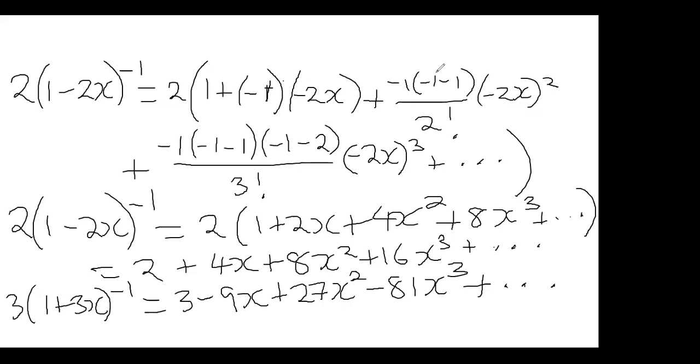So when we combine these, we will have 2 plus 3, which will give us 5. Then the x's, that will be minus 5x. We are collecting like terms. Then we'll have 35x squared. And here we'll have negative 65x cubed plus dot, dot, dot.